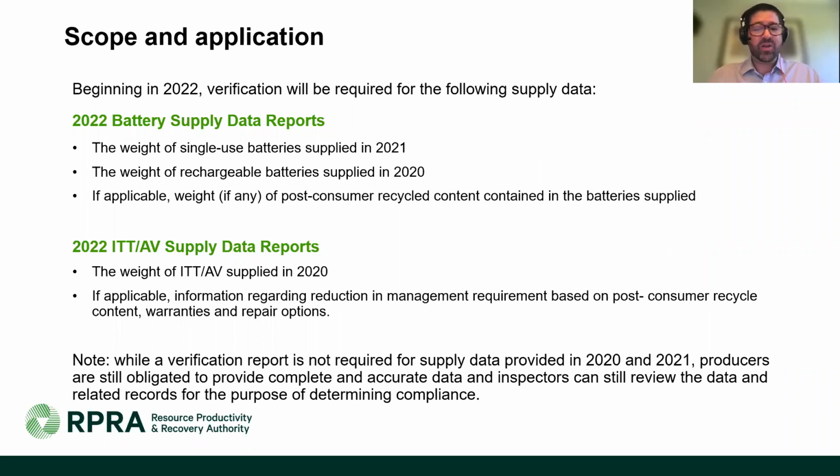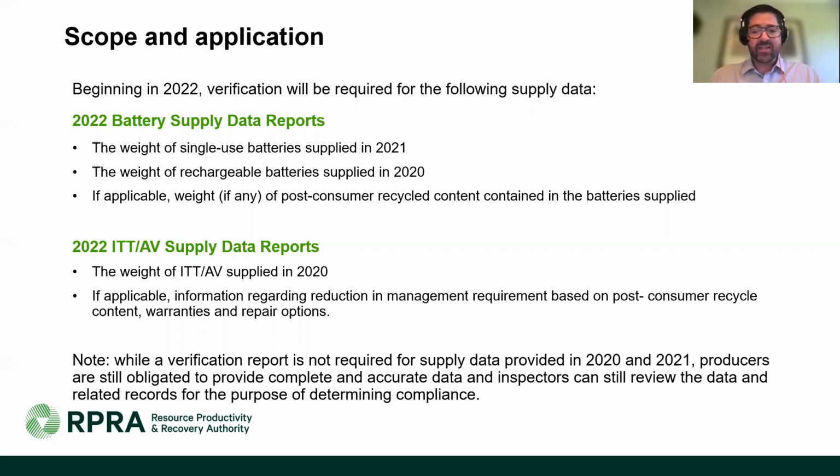And of course, moving on to 2022 E supply data reports, the weight of ITTAV supplied in 2020, and if applicable, management reductions concerning any post-consumer recycled content, warranties, and repair options.